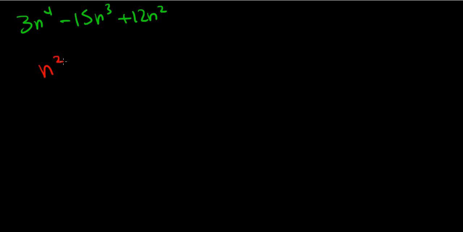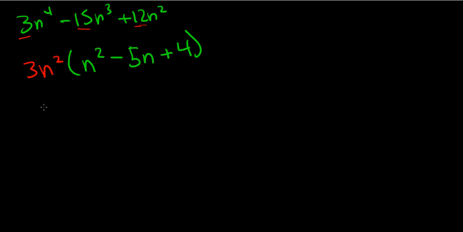And we can see that the greatest common factor of all three terms is a 3. So if we divide all the terms by 3n squared, we would be left with n squared minus 5n plus 4.